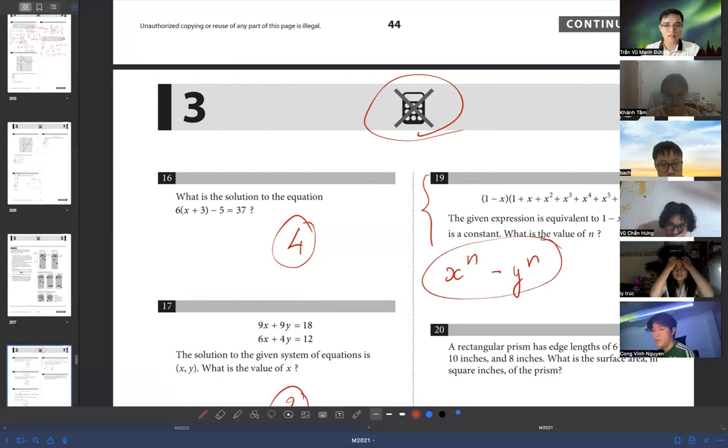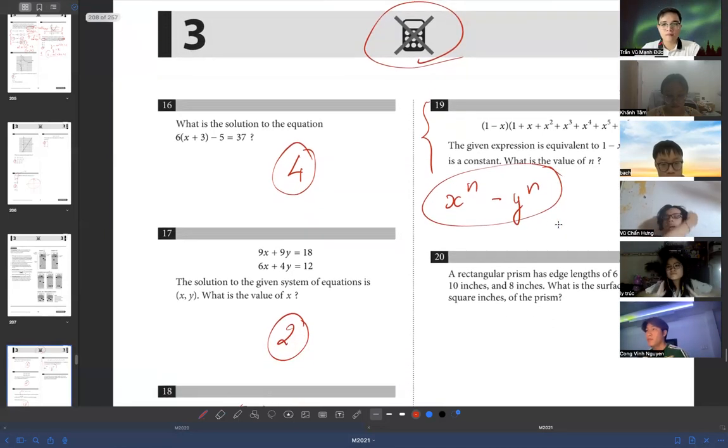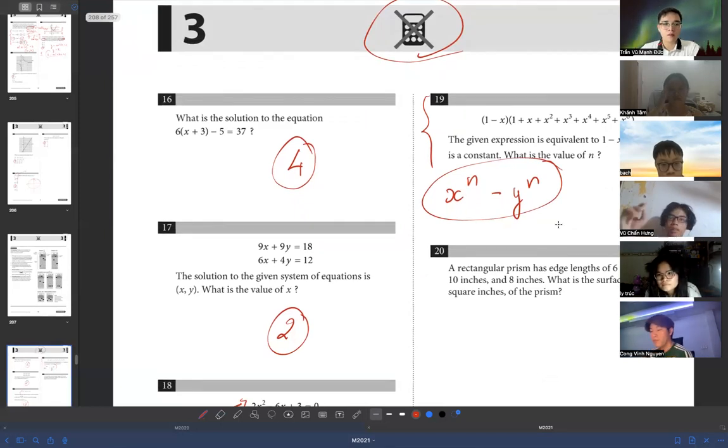How did you do this? I deduced it from the formula for x to the power of 2 minus y to the power of 2, and the formula for x to the power of 3 and y to the power of 3. From those two formulas, I deduced the general formula.